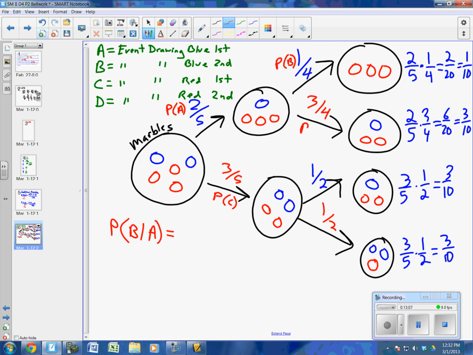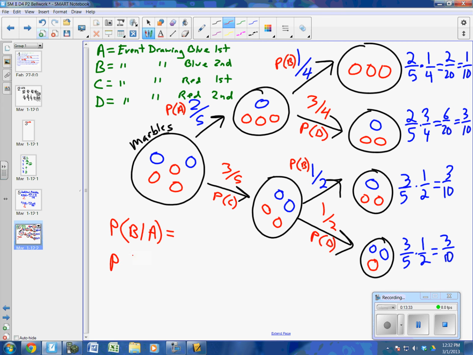That's the probability of D, right? What's this the probability of? B. This is the probability of B. What's this one? This is the probability of D. Yeah. Okay.